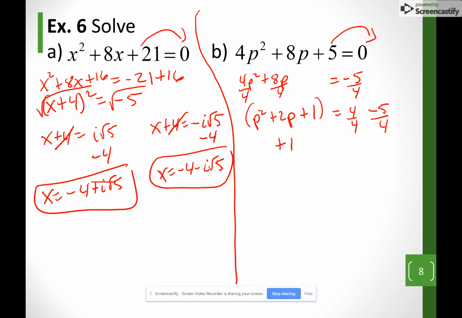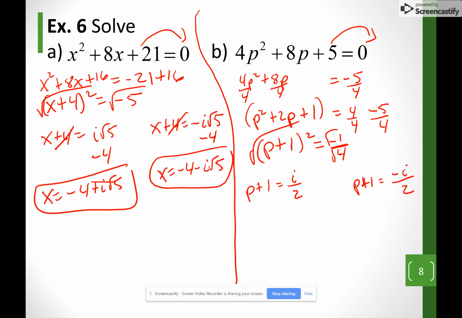The left side all factors as p plus 1, all squared. 4 over 4 minus 5 over 4 gives me negative 1 over 4. Now when I do the square root, I get that p plus 1 is equal to i over 2, and p plus 1 is equal to negative i over 2.